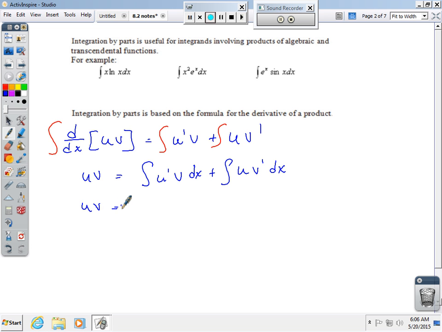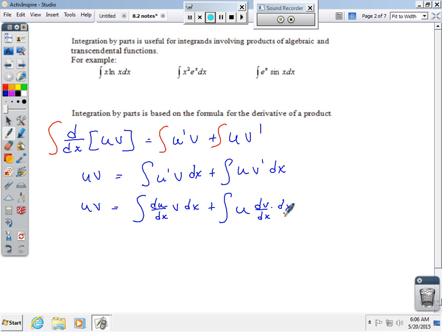So uv equals, now before I go through and simplify this, the derivative of u prime can be rewritten as du dx times v dx plus, this will be u, and v prime can be written as dv dx times dx. And I'm just showing you again where the formula comes from.